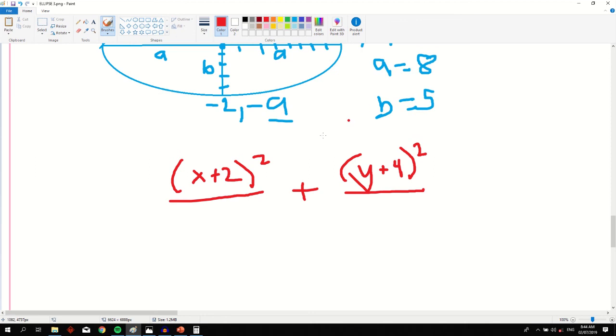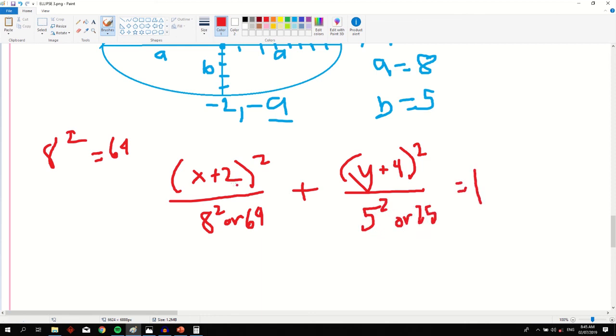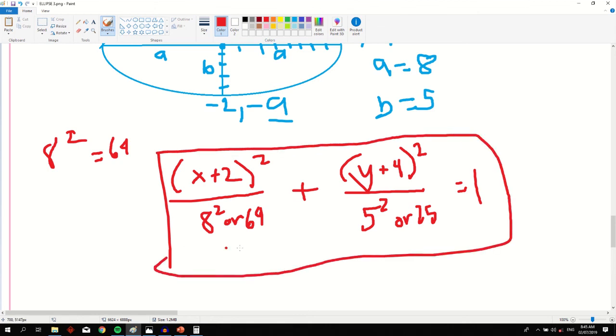So 8 squared, or 8 squared is equal to 64. Then b is 5 squared, or 25, equals 1. Okay, so we have this answer.